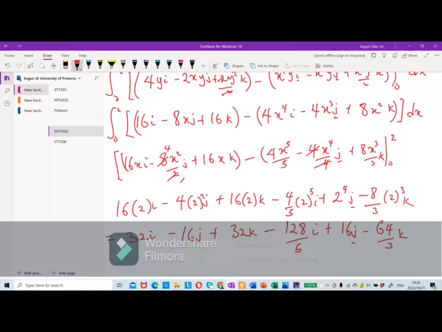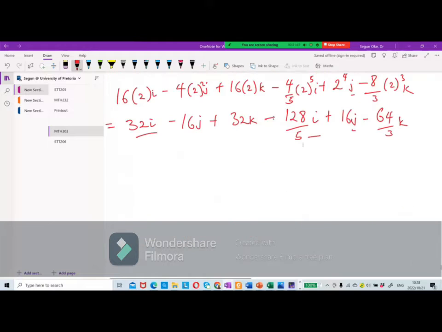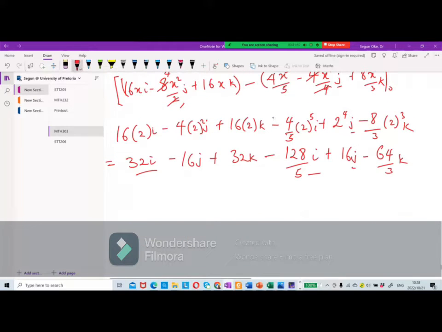So you can now add component by component. This plus this. What do you have? It's going to be minus, not plus. We have 32i minus 128 divided by 5.